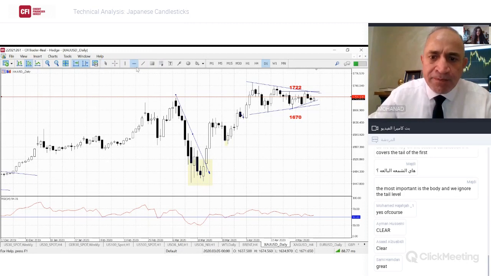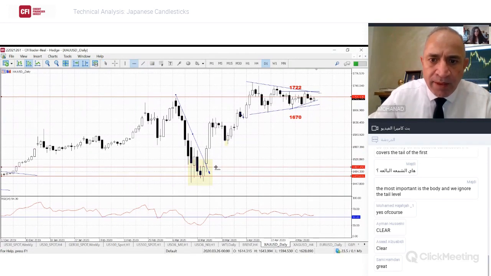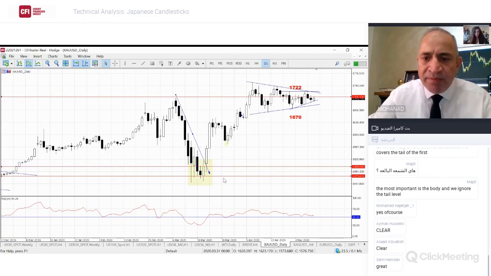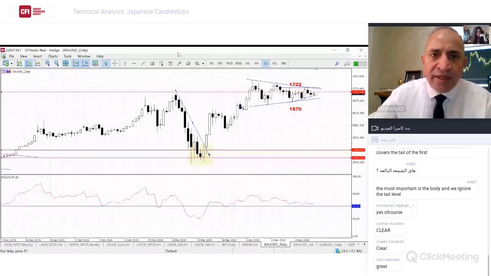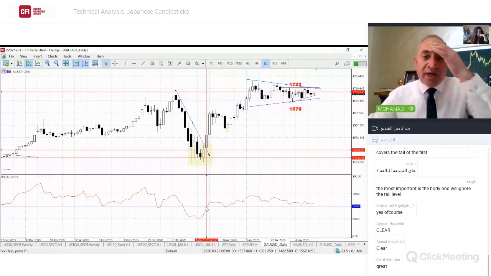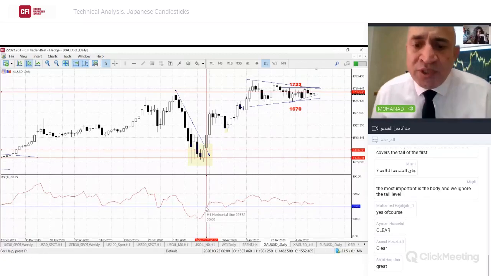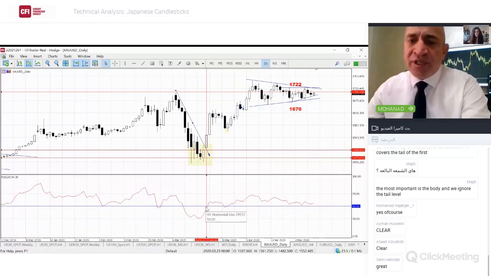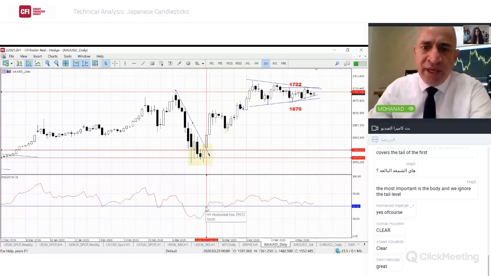As we can see here, the RSI in this case is close to the 30 level, the oversold. At the same time, the RSI crossed the 50 level here to make sure we are trading in the positive area, or the positive momentum area.